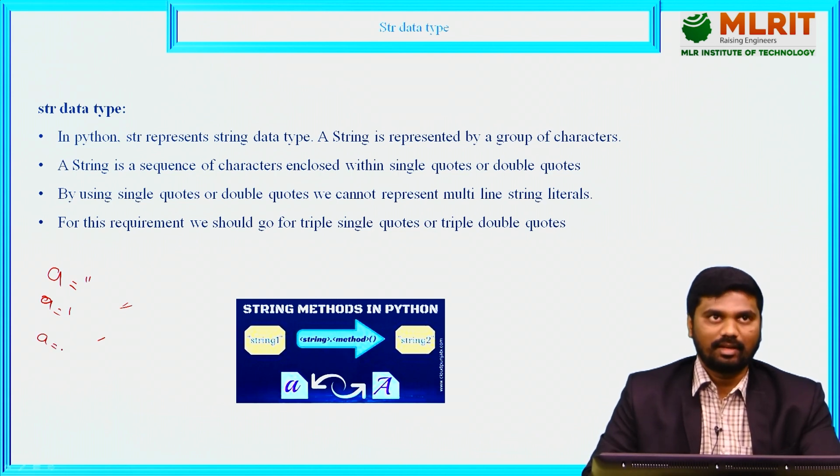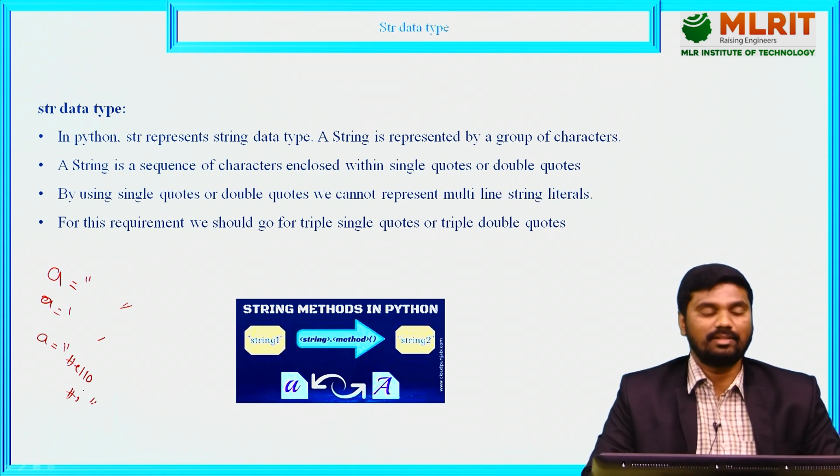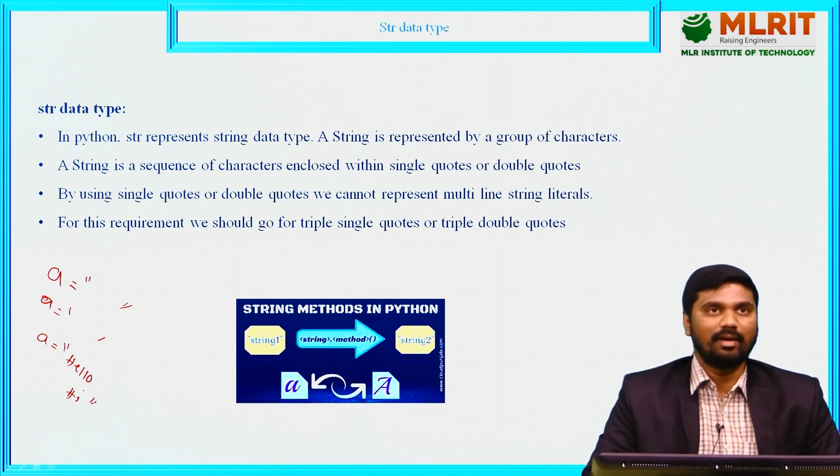Next, after this one we have one important statement. For example, if you want to represent a string value in multi-line string literal way, that means, for example, hello, hi, in this way, this is called multi-line string literals.